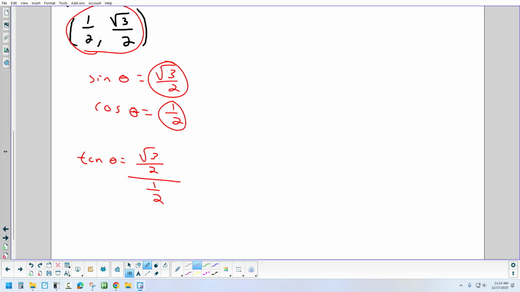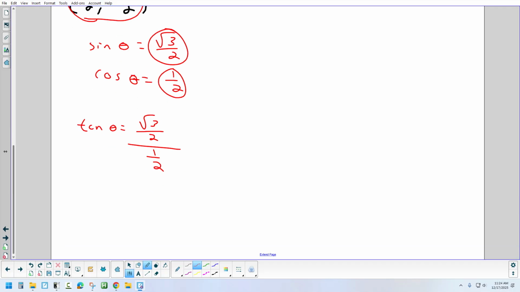Now, this is something I told you about earlier. You can't leave a fraction over a fraction. We've got to simplify. So, how do you divide a fraction by a fraction? Well, you multiply by the reciprocal. So it'd be square root of 3 over 2 times 2 over 1.